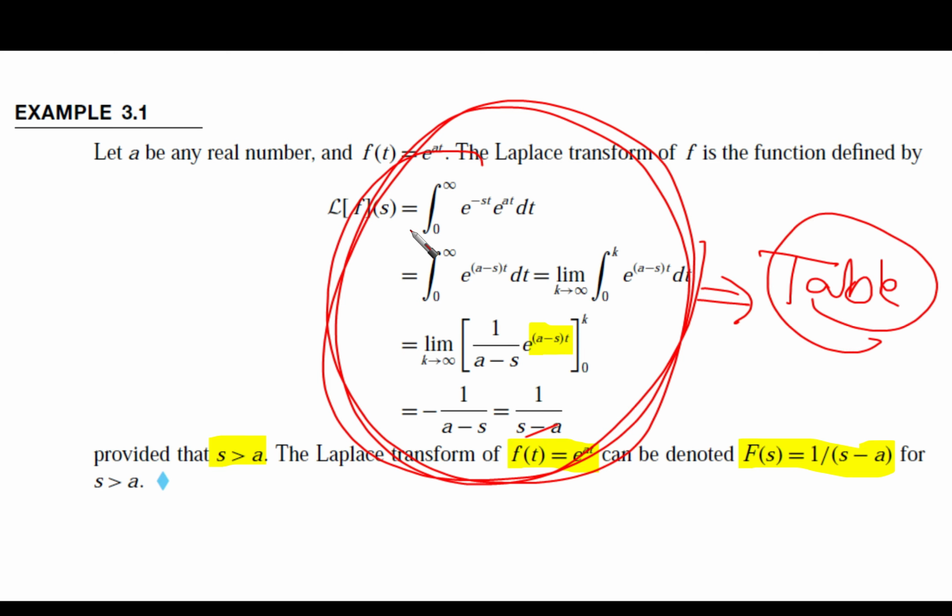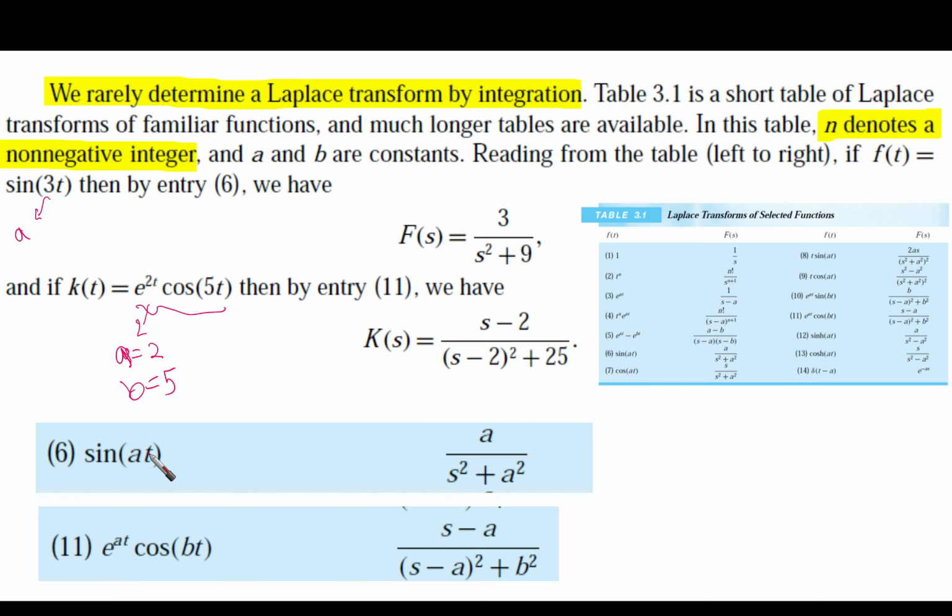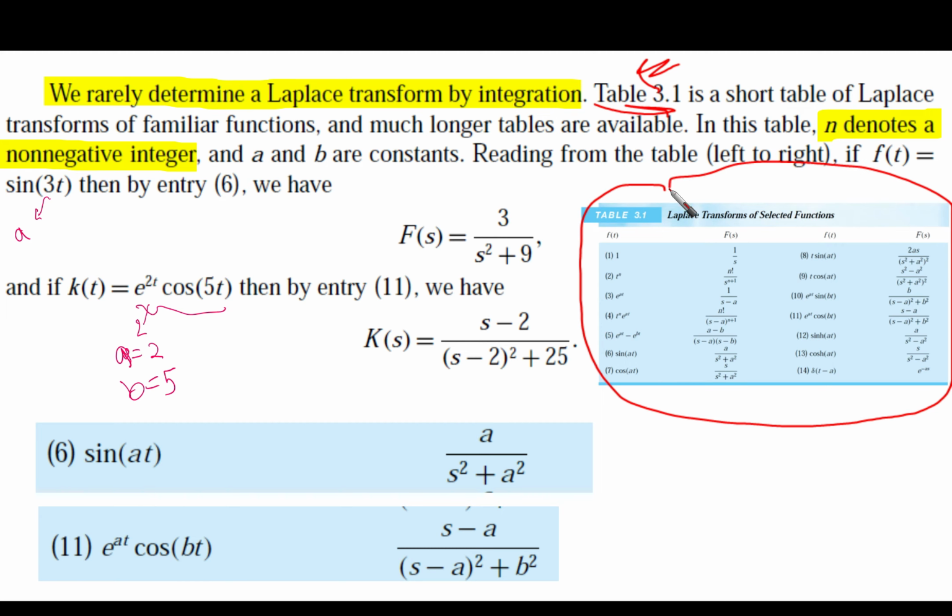So whenever we have something like e to the power at, then its Laplace transform is simply 1 over s minus a, right? This is what we're going to do. We're going to have table 3.1. You're going to find it in the textbook, and I put it here for your knowledge, and we are going to look at it here.